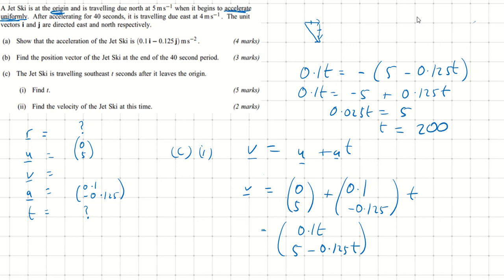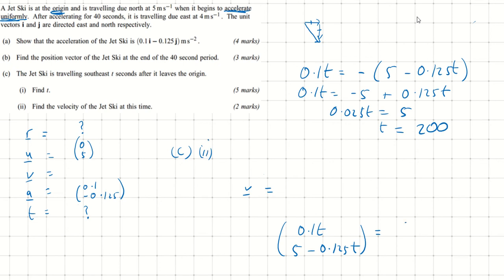Finally, find the velocity of the jet ski at this time. For part 2, I can go back to the formula I worked out. My general formula for velocity is this thing I've left at the bottom, v equals 0.1t and then 5 minus 0.125t. I'm just going to substitute t equals 200 into this.